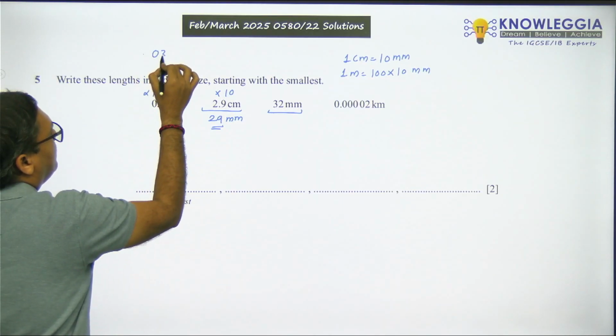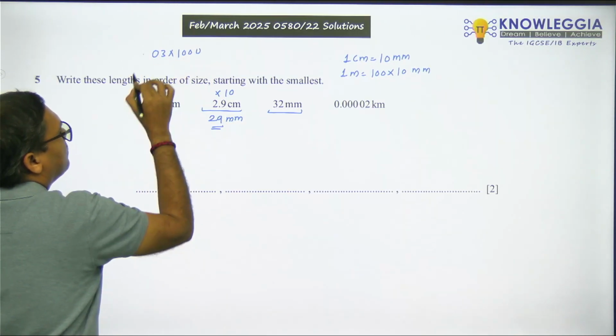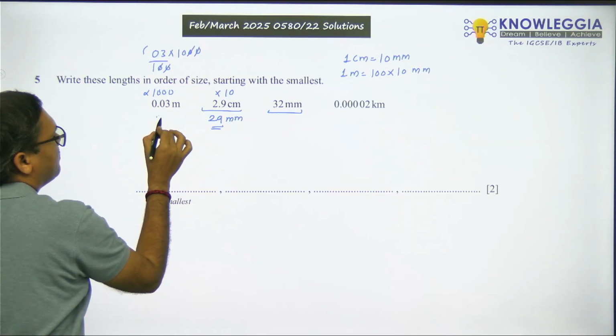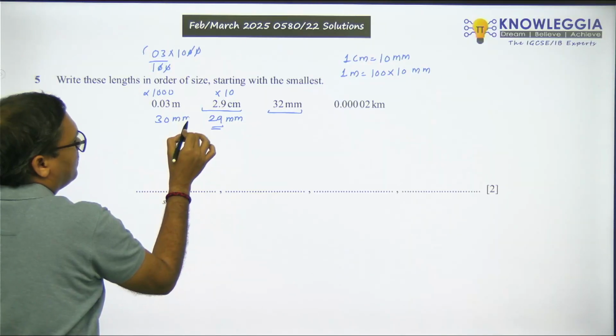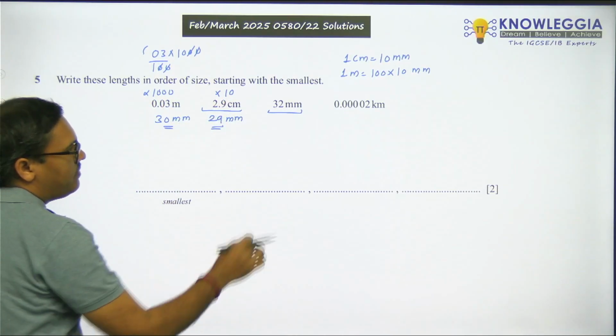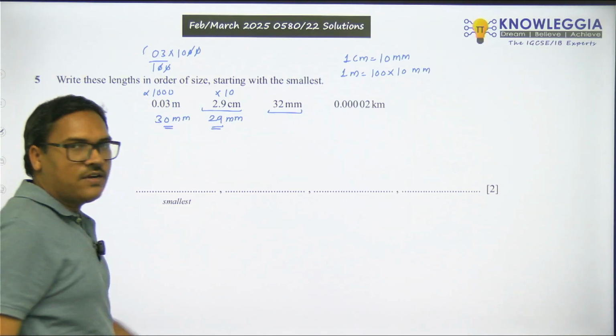This is 0.03 multiplied with 1000. So you can just cancel the zeros. This will become 30 mm. Okay. So 0.03 meter is 30 mm. This is 29 mm. This is 32 mm, and we will convert this also.